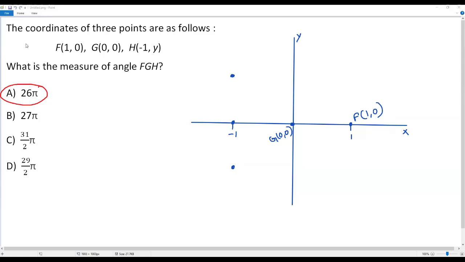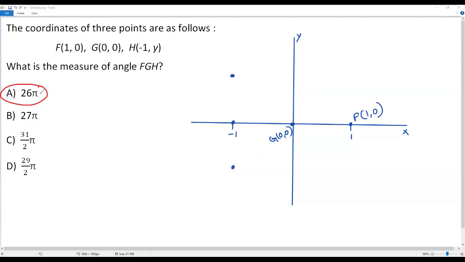If the terminal side of this angle measure is in the second quadrant, then we can consider 26 pi as a measure of angle FGH, because the terminal side is at the location of the point H. Or the terminal side may be along the negative side of the x-axis, again one of the possible locations of the point H. Or the terminal side may be in the third quadrant, which is also one of the possible locations of H. So we can consider 26 pi as a measure of angle FGH.